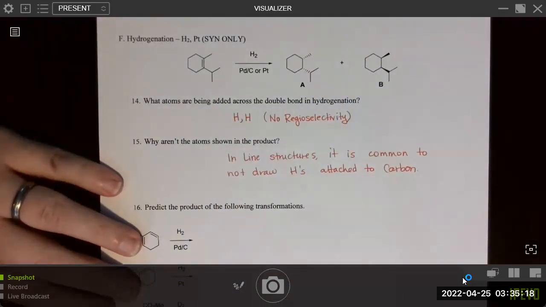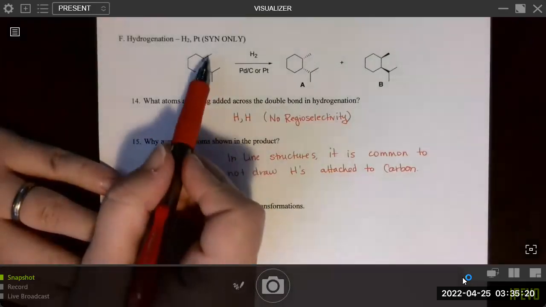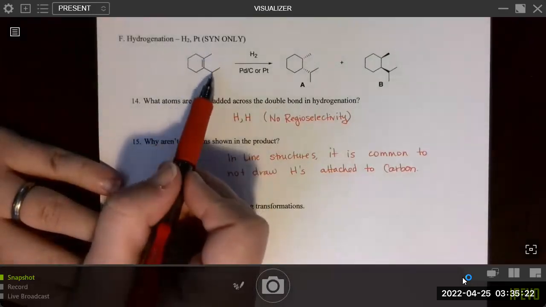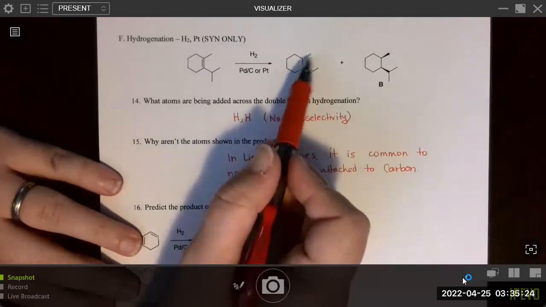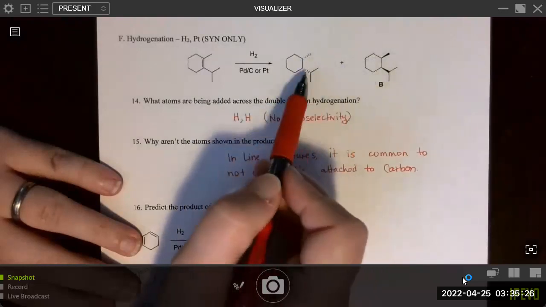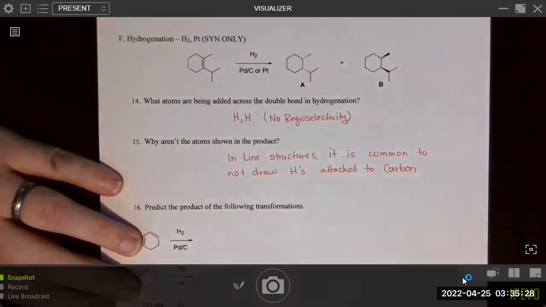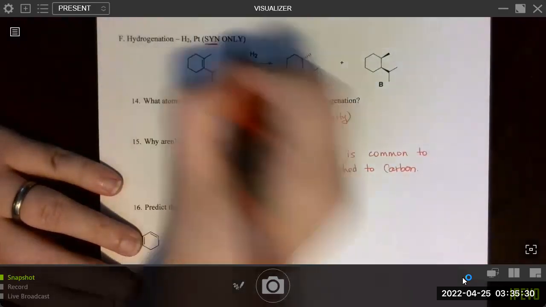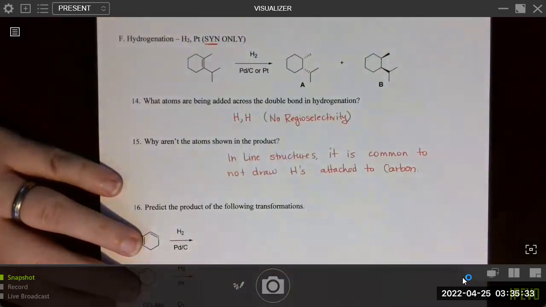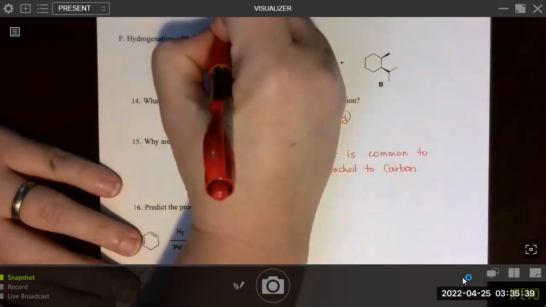However, because those groups did get added, the other groups became on two wedges or two dashes because of the syn stereoselectivity. So it's important to recognize that hydrogenation has syn stereoselectivity.